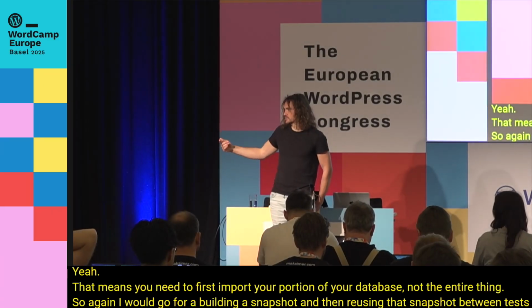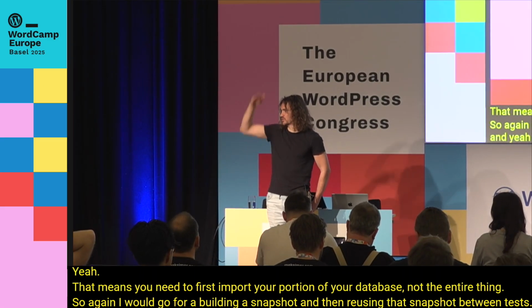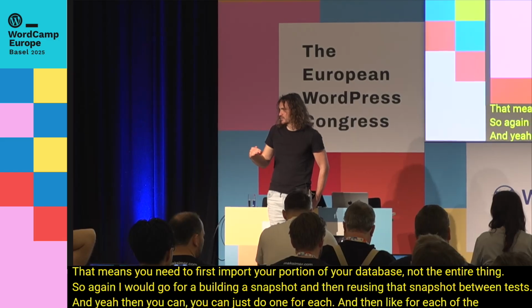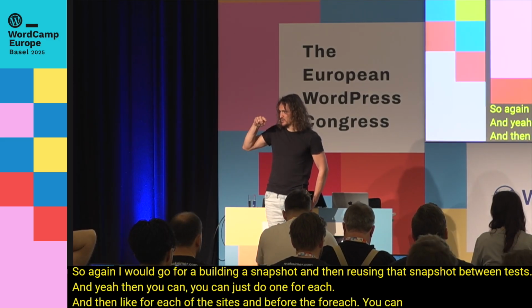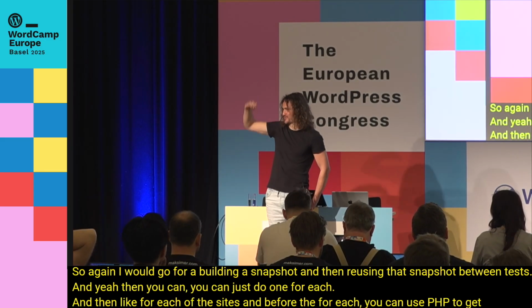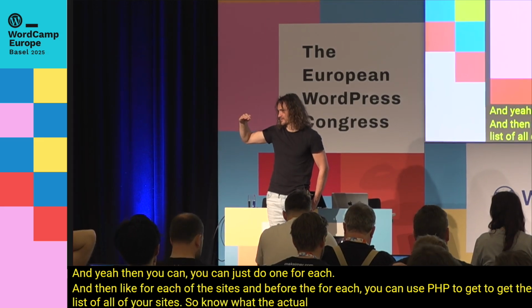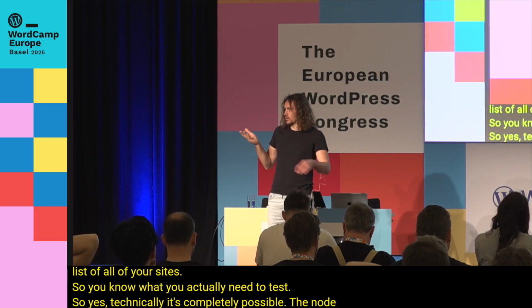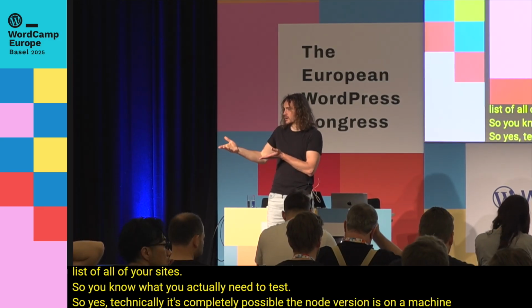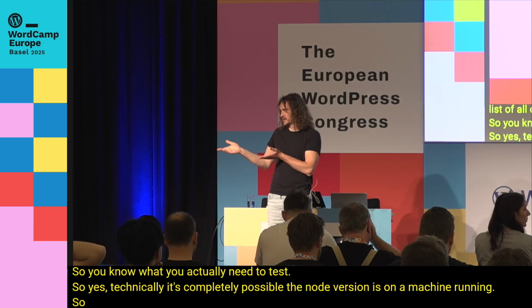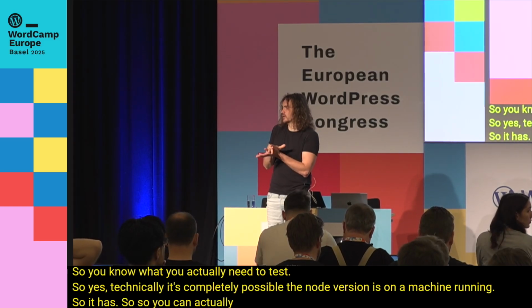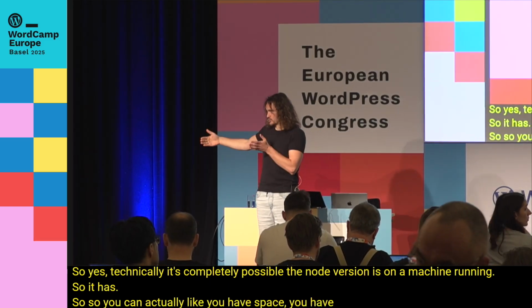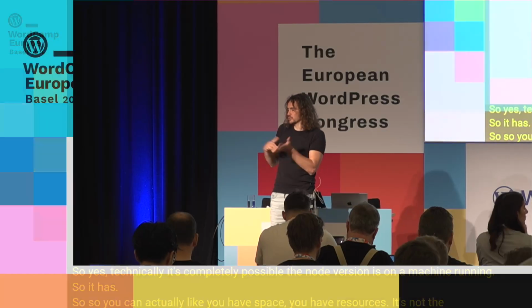Then you can do a for each, for each of the sites. And before the for each, you can use PHP to get a list of all of your sites, so you know what you actually need to test. So yes, technically it's completely possible. The Node version is running on a machine, so you have space and resources. It's not the browser, so you can load a bigger database.